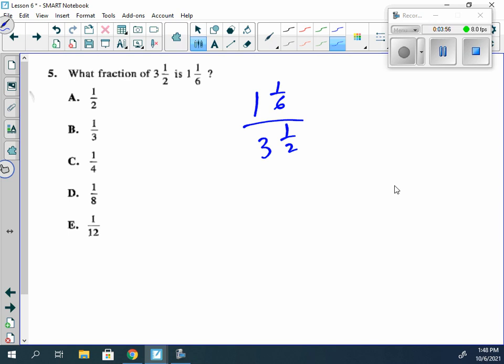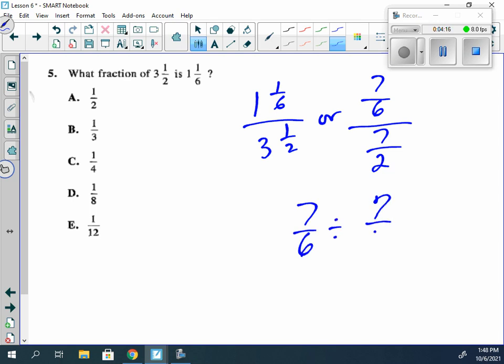And we could do this division here, or we can actually convert it to 7/6 over, because 2 times 3 is 6, plus 1 is 7. And we could type it in there, or 7/6 divided by 7/2, which would be 7/6 times 2/7. 2/6 is 1/3.